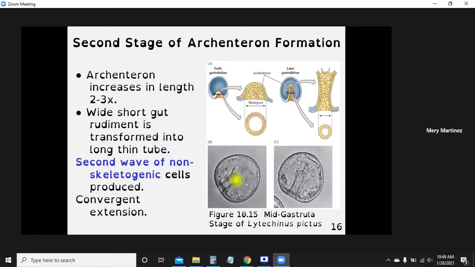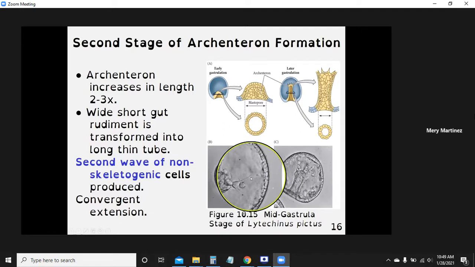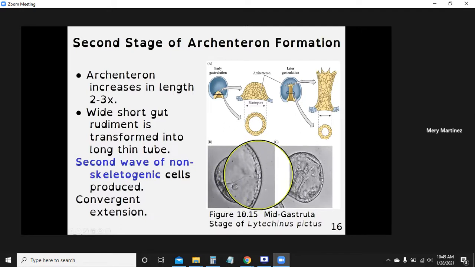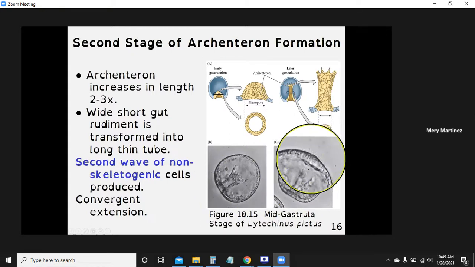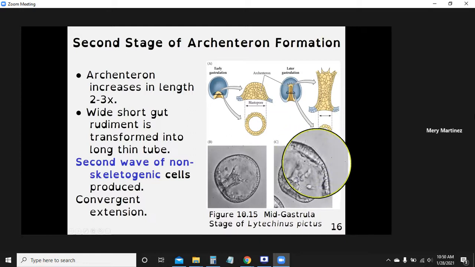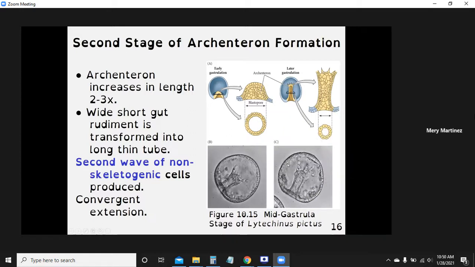It was half of it, and now look at that, it started going. And you see here the spicules helping to attach to the wall of the blastocele to pull. We see how those cells continue pulling until they get to the roof of the blastocele.